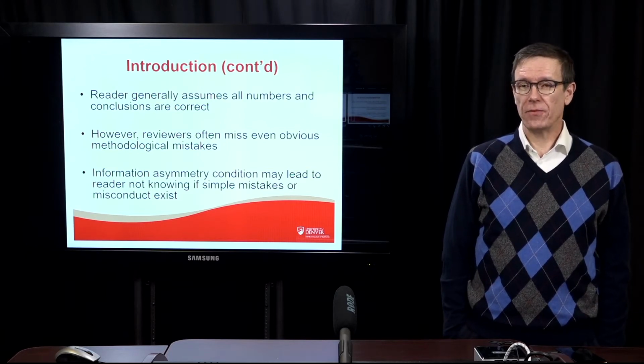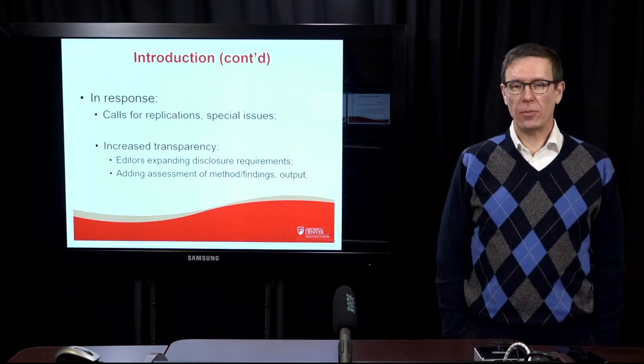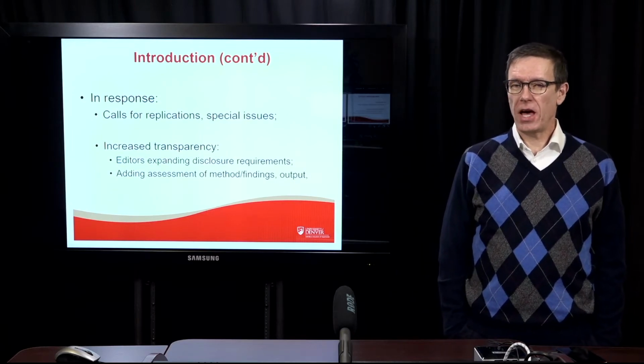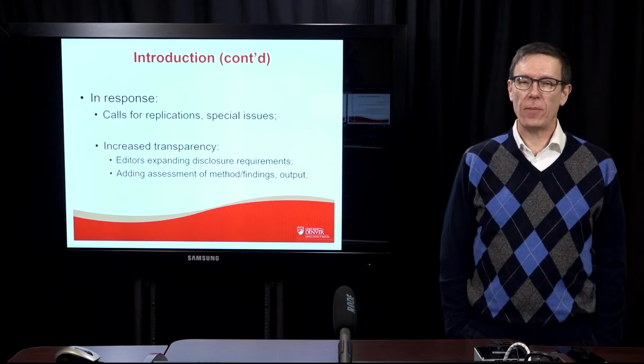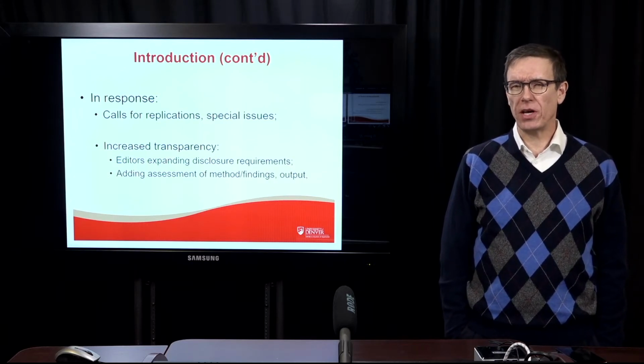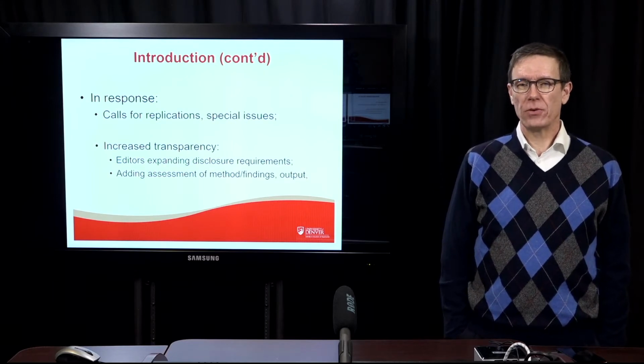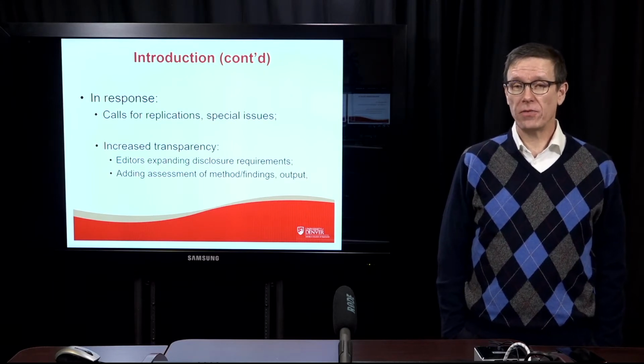Now, we're recognizing these problems, and reviewers and editors have been calling for more replications of research, special issues devoted to replication, as well as special issues devoted to testing the reproducibility and accuracy of findings.